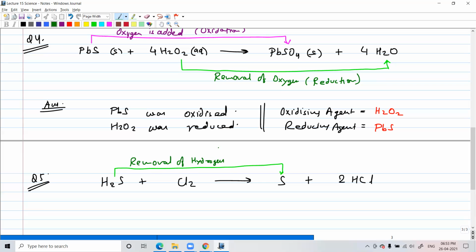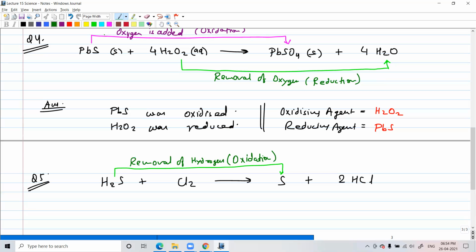No, not even that. We don't even have to think about that. See, addition here of hydrogen. Chlorine is here, but somehow magically hydrogen has appeared. Hydrogen has got added to chlorine, right? So addition of hydrogen. Removal of hydrogen and addition of hydrogen. So removal of hydrogen is oxidation.